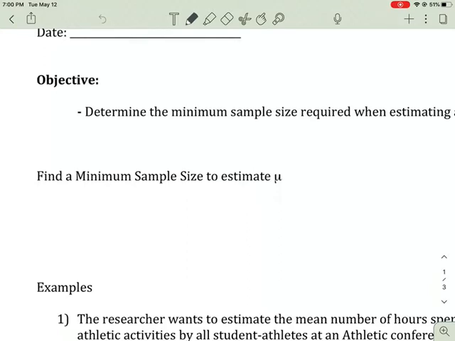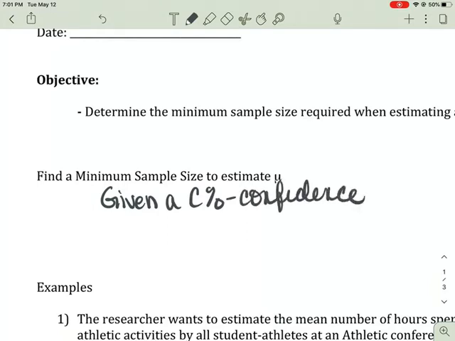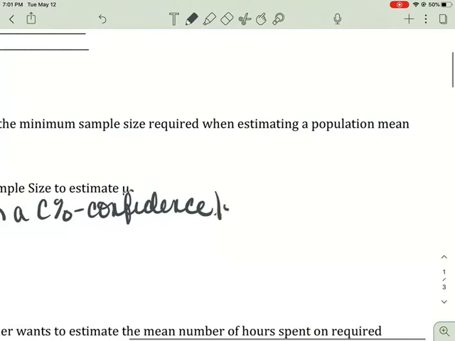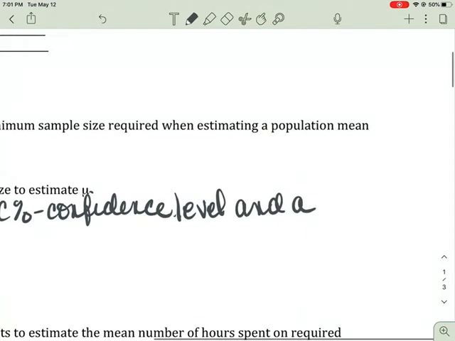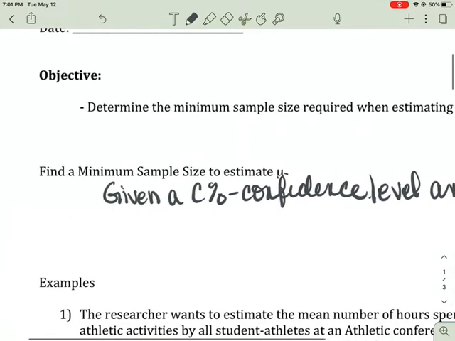We're going to use a pretty easy formula. So to find the minimum sample size to estimate a population mean mu, with a given level of confidence, given a C% confidence interval, confidence level, and a margin of error.